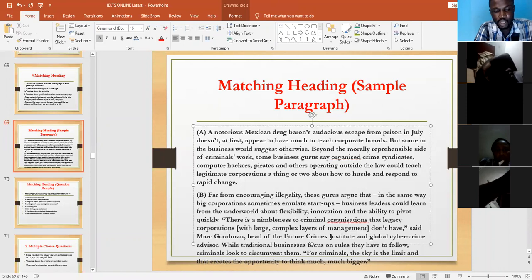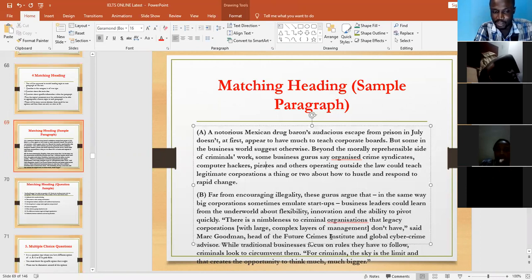Yes. If you see the first sentence, it says a notorious Mexican drug baron's audacious escape from the prison in July doesn't at first appear to have much to teach the corporate board, but some in the business world suggest otherwise.